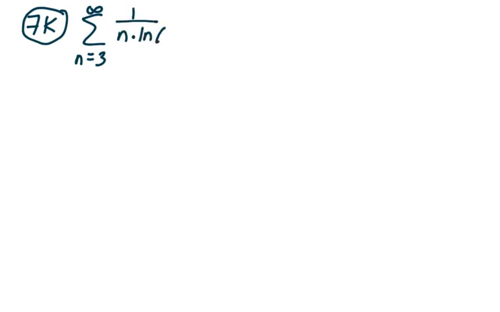Can we do 7K? On 7K, we have the summation from n equal 3 to infinity of 1 over n times natural log of n.